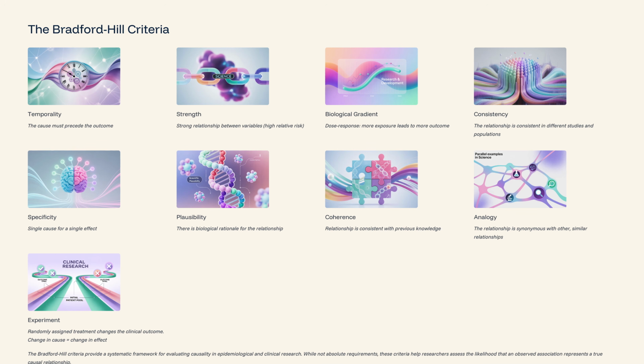Okay, so this is the Bradford-Hill criteria. It really provides that systematic framework for epidemiological clinical research to establish causal relationships. It's not an absolute requirement. It's not the end all be all, but it's certainly going to help you understand if associations you're observing are more causal or less causal.